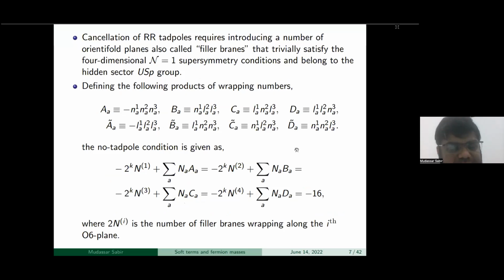We define the following convenient products of wrapping numbers, using which we can write the no-tadpole condition as a simple following equation, where 2N superscript I is the number of filler branes wrapping along the I-th O6 plane.